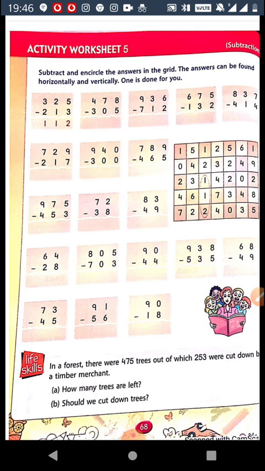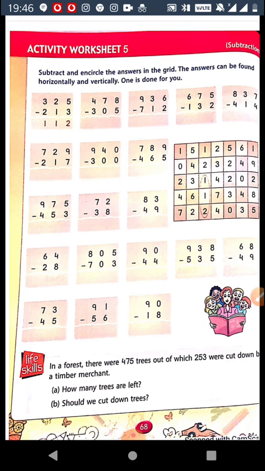Now that greengrocer, maybe he has never been to a school, but he knows how to calculate, okay, because he is doing it every day. So this is called life skill, which you can learn and which helps you in your day to day life.